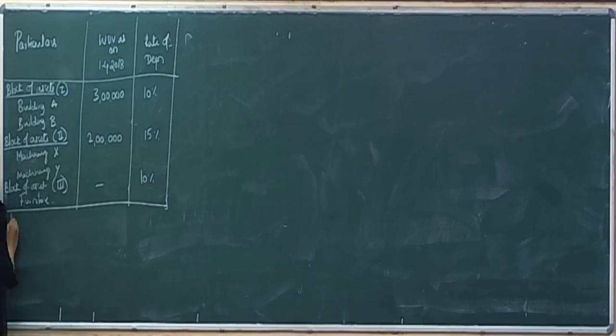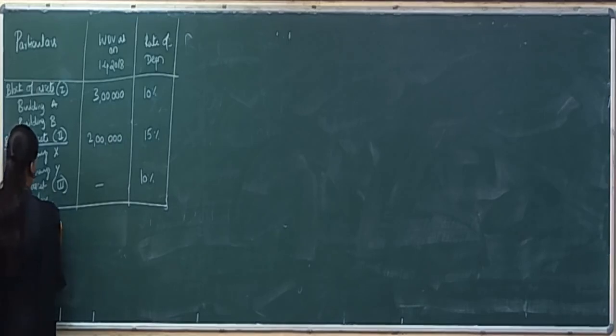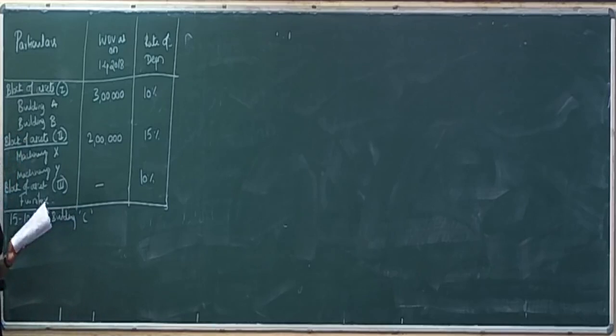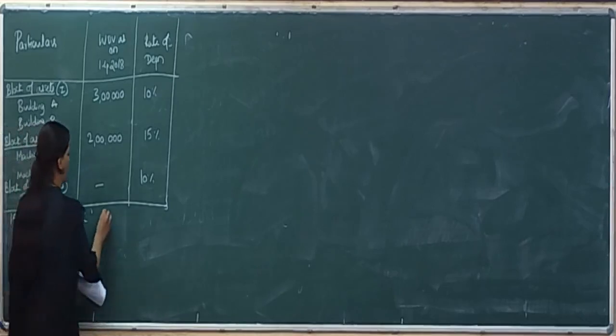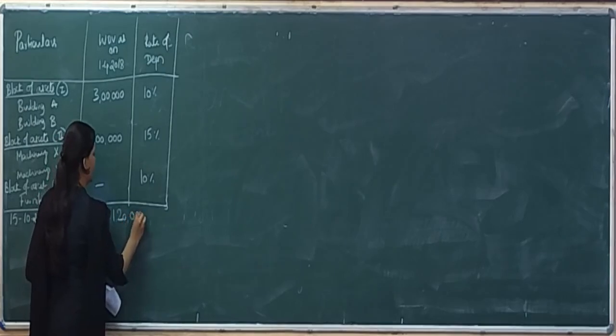On 15th October 2018, a new building belonging to the block, building C, was purchased for rupees 1,20,000, right?